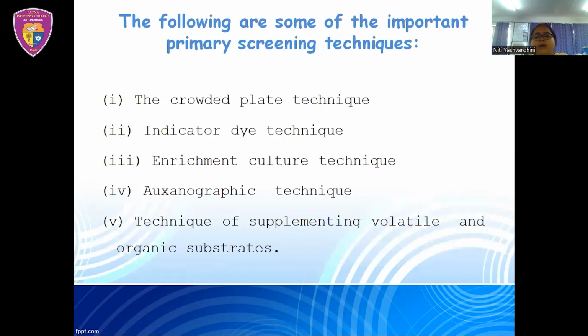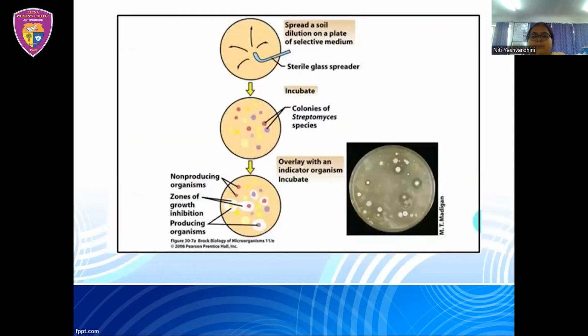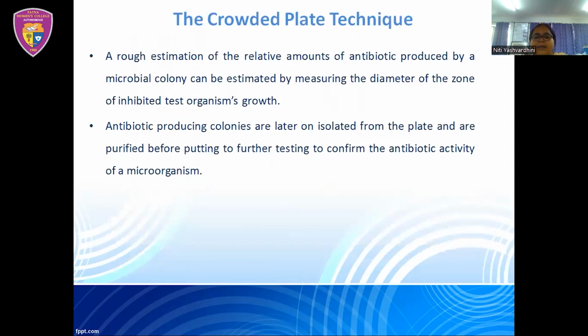We already discussed the techniques used in primary screening: crowded plate, indicator dye, enrichment culture, auxanographic technique, and the technique of supplementing volatile organic substrates. The crowded plate technique is used for the detection of antibiotic producing microorganisms. That is, if we are going to isolate a microorganism from soil which is able to produce antibiotics, we use the crowded plate technique.